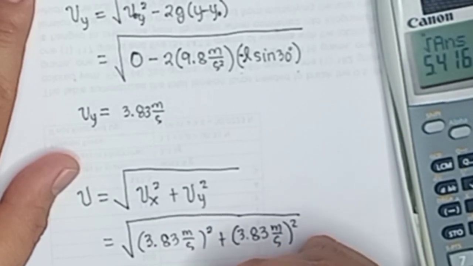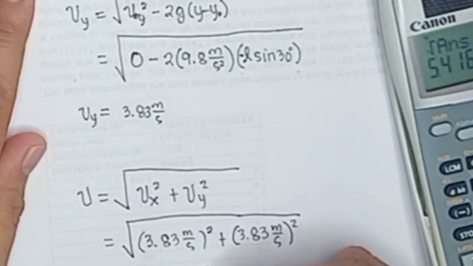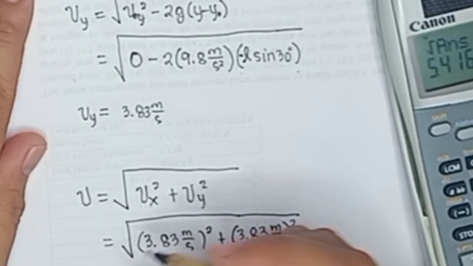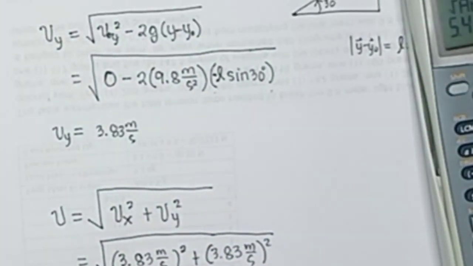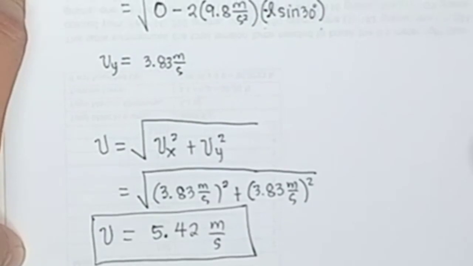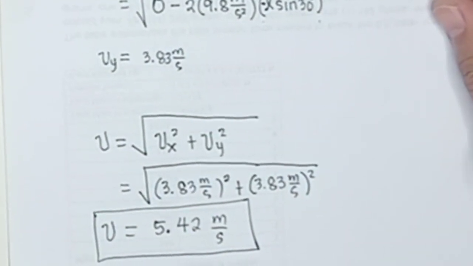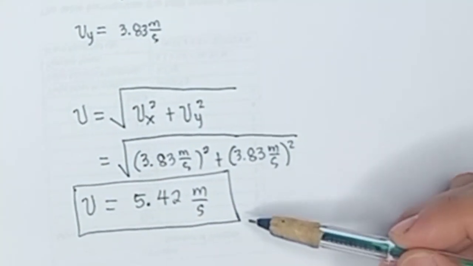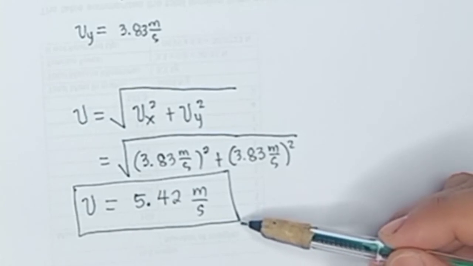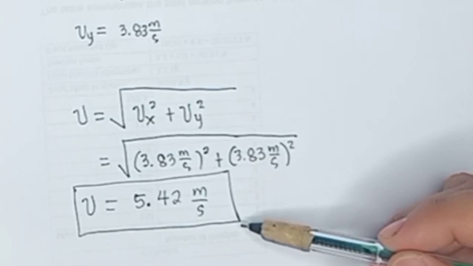This is equal to 5.42 meters per second. So at the bottom of the ramp, the box has a speed of 5.42 meters per second.